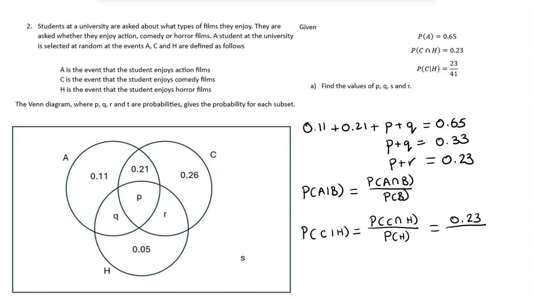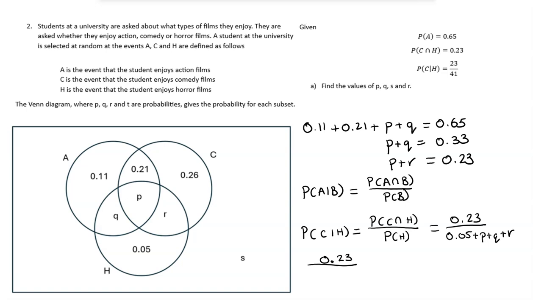And the probability of H is everything within this circle of H, so that's the 0.05 plus P plus Q plus R. Remember, we know that this is all going to equal 23 over 41 as we're told. So we can say 0.23 over 0.05 plus P plus Q plus R is going to equal 23 over 41.